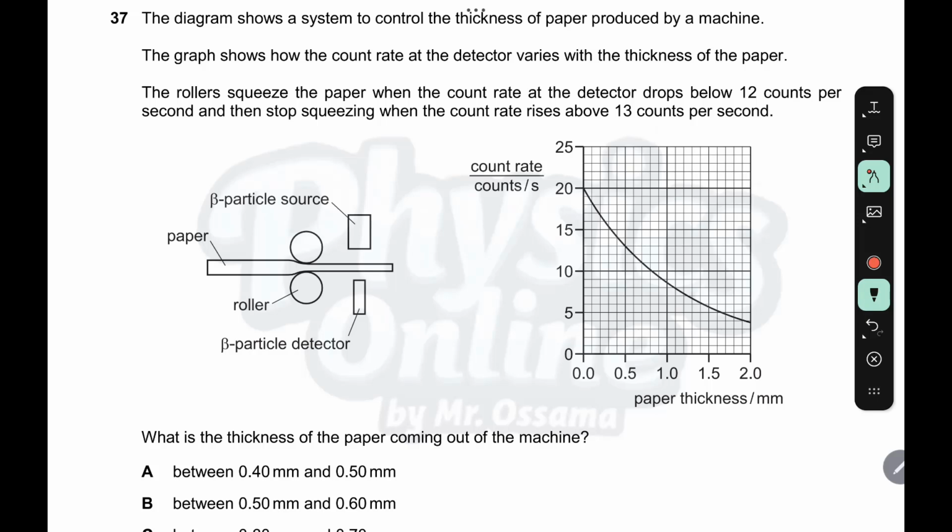So here we're talking about between 12 and 13 counts per second. This is 12 and this is 13. 12 here gives a thickness, and 13 gives a thickness. So the answer is between 0.5 and 0.6.